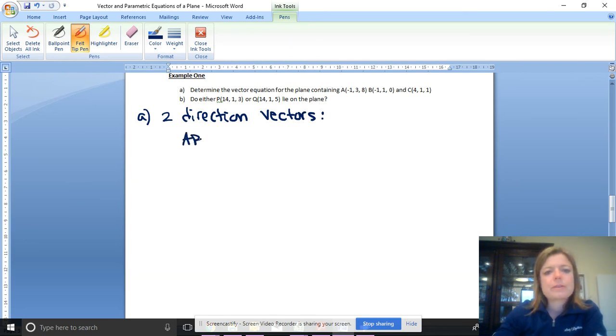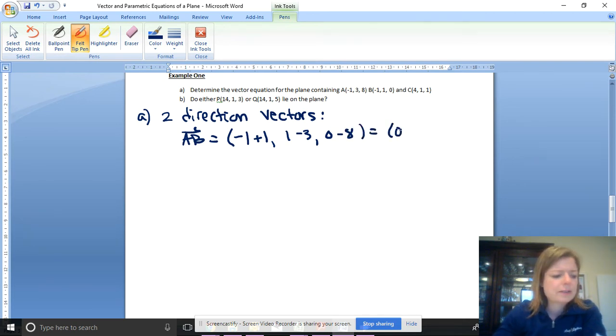So we'll start with vector AB, and remember that that's just OB minus OA. So that would be -1 plus 1, 1 minus 3, and 0 minus 8. That gives us the direction vector 0, 1, 4.